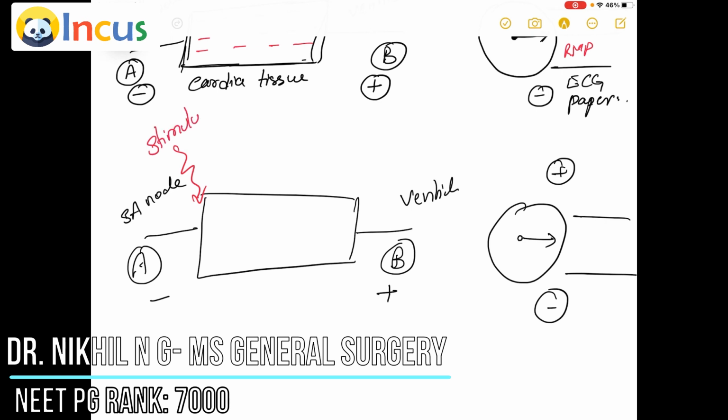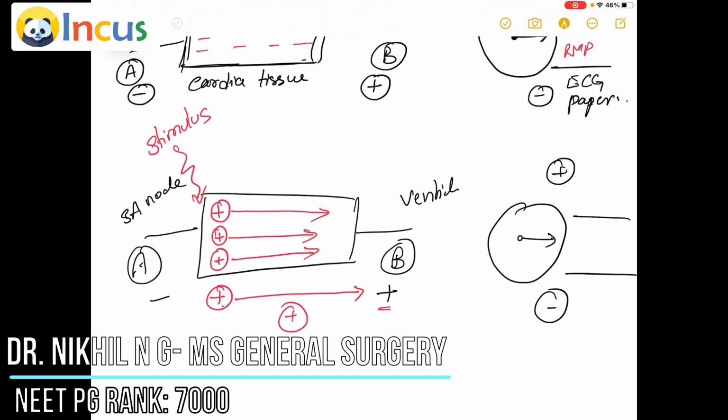Once you stimulate, positive charges form at the SA nodal end, and these charges start moving towards the ventricular end. So the positive charge is moving towards terminal B, which is connected to positive. Positive into positive gives a positive deflection in the galvanometer, so there is upward movement, and you get an upward curve on the ECG paper.